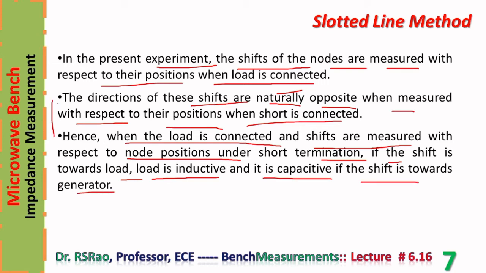So the point is this: sometimes one may perform this experiment doing step 2 as step 1 and step 1 as step 2. There is nothing wrong in doing that, but while giving a positive or negative sign to the D shift, this particular aspect has to be taken into account appropriately.